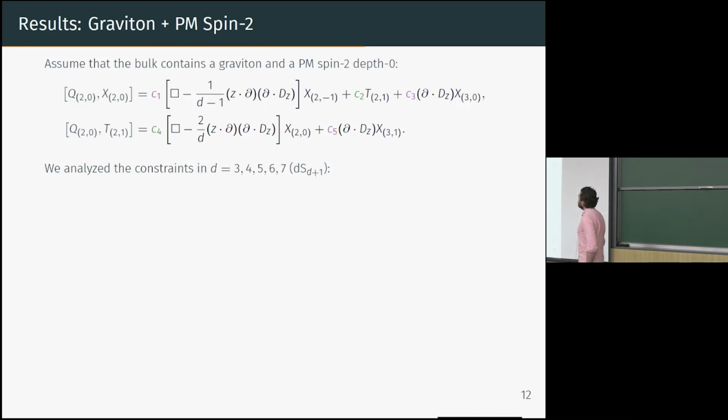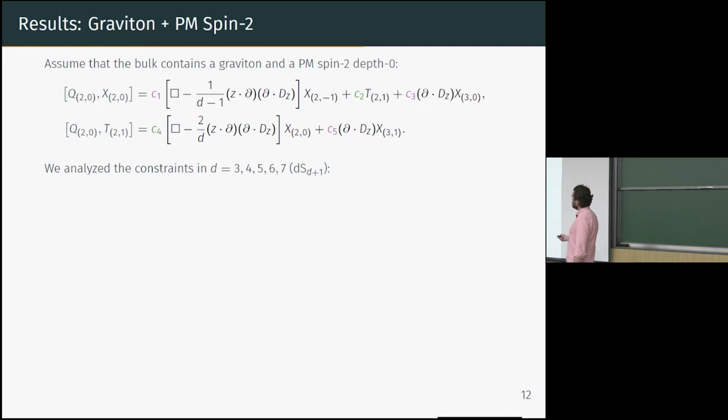Okay, so the simplest non-trivial example of this type is a graviton coupled to one of these partially massless spin 2 fields. And so I claim this is the most general form of the current algebra. So it consists of a bunch of new fields which I've added, which is this massive spin 2 and then 2 partially massless spin 3s, and there's nothing else that you can consistently add.